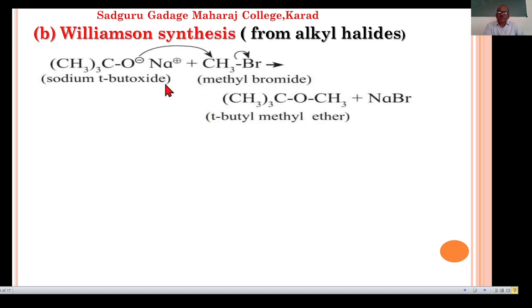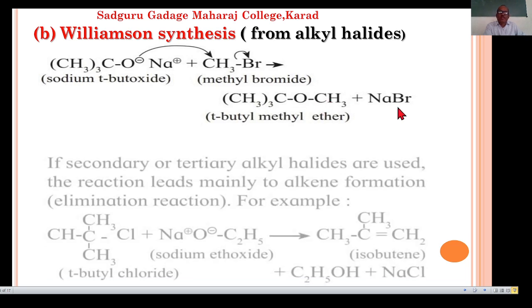Then consider this reaction. In this reaction, sodium tertiary butoxide is taken, (CH3)3C-O-Na. Sodium tertiary butoxide reacts with a primary alkyl halide, that is CH3Br, methyl bromide. Then it gives tertiary butyl methyl ether and sodium bromide.